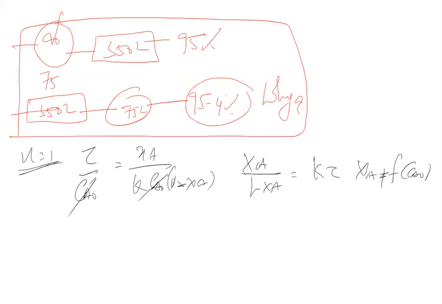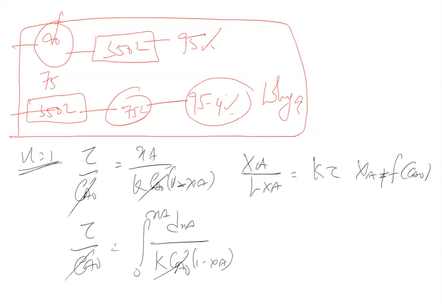Similarly, for n equal to 1, the PFR equation is tau by CA naught equal to integral 0 to XA dXA by K into CA naught into 1 minus XA. Here also CA naught will cancel, and after solving, XA is not a function of CA naught.